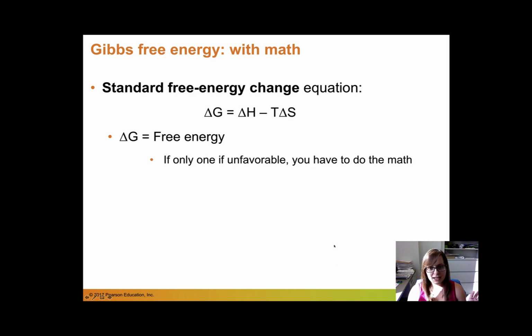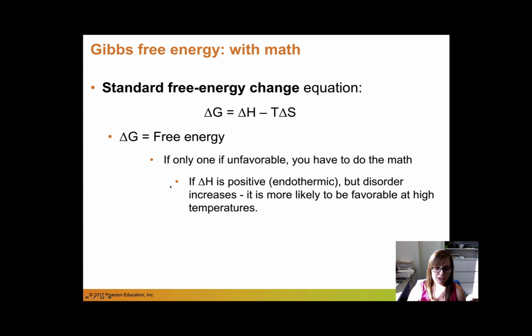If only one side of this equation is unfavorable, you have to do the math. So if the delta H is positive, meaning that it's endothermic, you have to put energy in, but the disorder increases, it is more likely to be favorable at high temperatures. For example, the delta H is positive, so less potential energy, minus, let's say this reaction is occurring at 1 degree Kelvin, and the entropy has a value of 5.